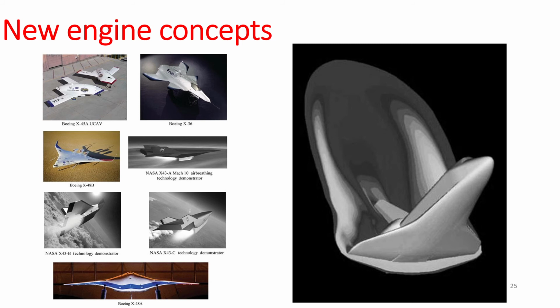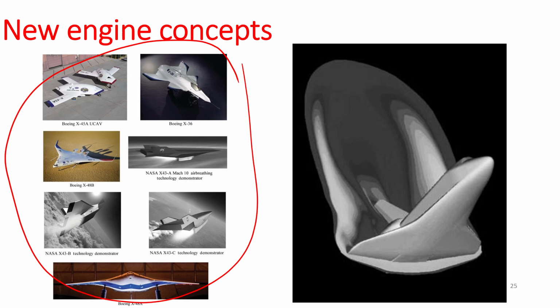But the newest frontiers are the UAVs, or unmanned aerial vehicles. As you can see, NASA has designed a lot of them. The reason we can do a lot of this analysis is because computational fluid dynamics has advanced a lot throughout the years.